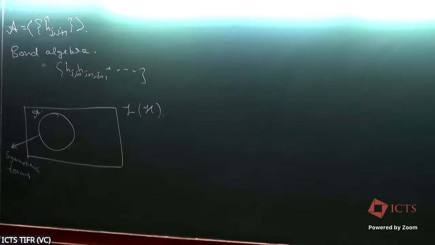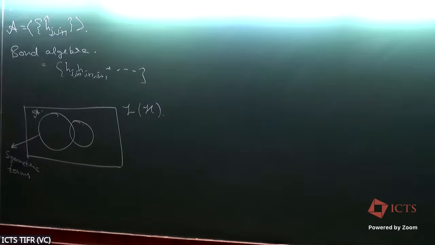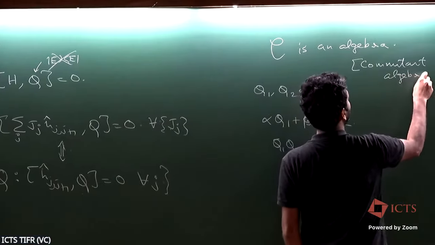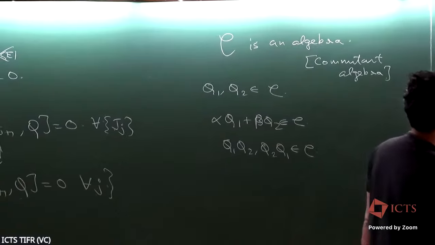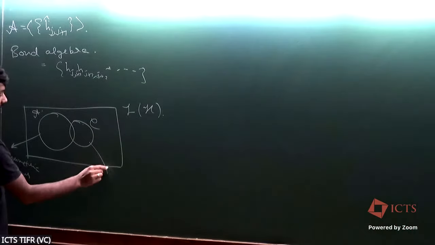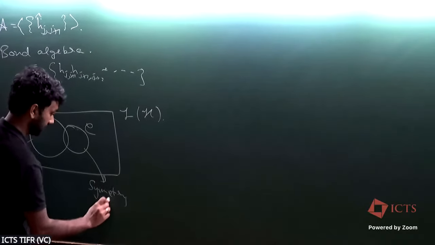And there is an algebra that commutes with this, which is the commutant. So C is usually called the commutant algebra, the commutant of A, the commutant of the bond algebra. And C is the algebra of symmetries. So this is the symmetry algebra.